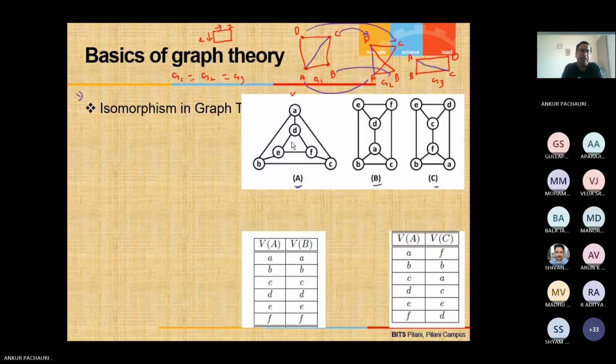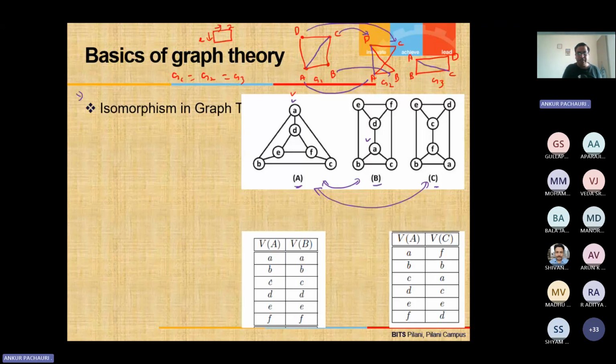But if we can come up with some method, we have a method, and we can say that A and B are also isomorphic, as well as A and C are also isomorphic. That means all three graphs are the same with different orientations. Here, node A of this graph is equivalent to node A of this graph.